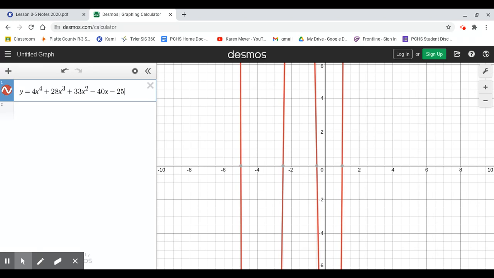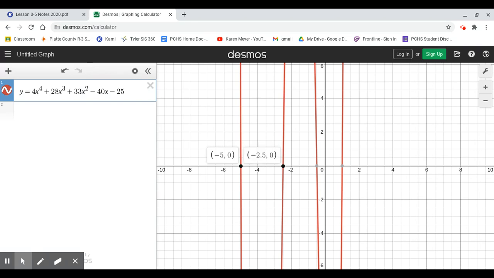Now, I don't even have to zoom this picture in because I don't care about anything other than the zeros, and the zeros are x-intercepts. So when I look here, I'm going to notice that I have an x-intercept at -5. That's a nice, neat integer.